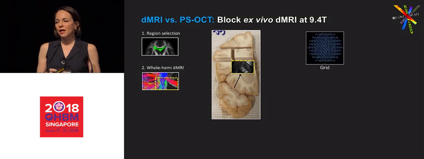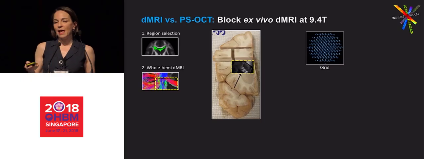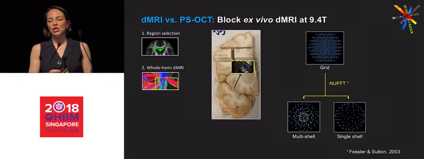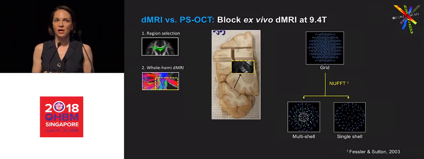We collect the data on a Cartesian grid acquisition scheme in q-space, and then we use that data and the non-uniform Fourier transform formulation to generate data on q-shells for the types of analysis that require that.